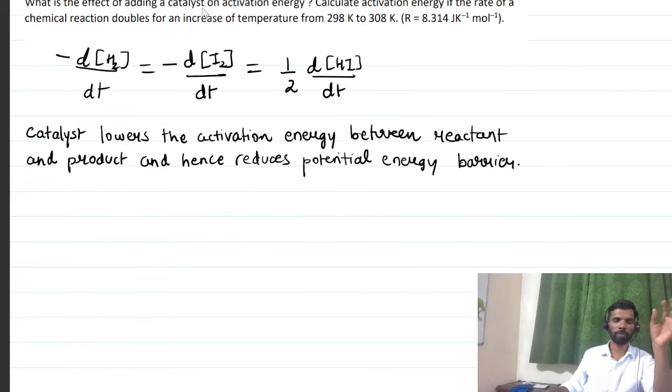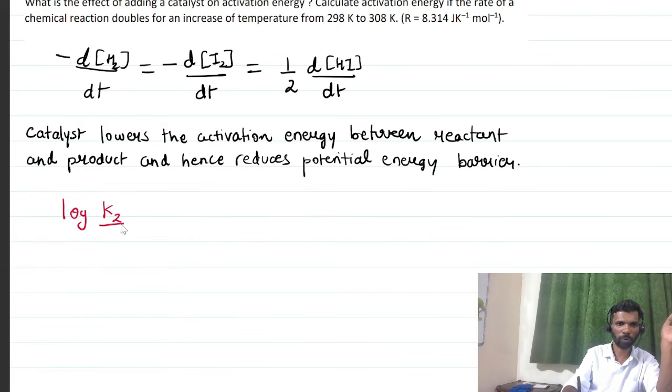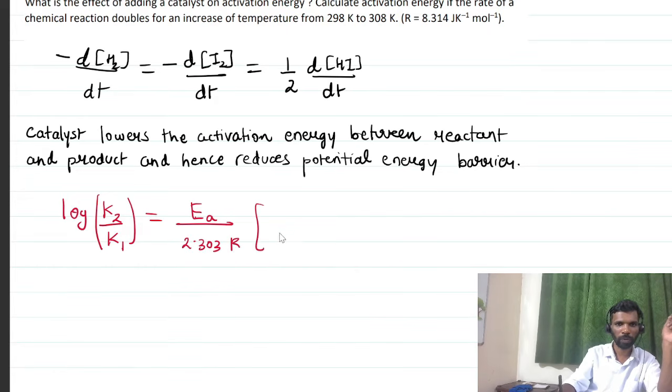That is the Arrhenius equation, but there is one more equation derived from it, and you are expected to write it. Writing the formula for the exam is very important. Log of K2 by K1 is equal to EA upon 2.303 R times (1 upon T1 minus 1 upon T2).